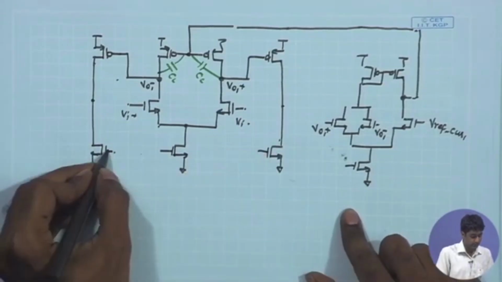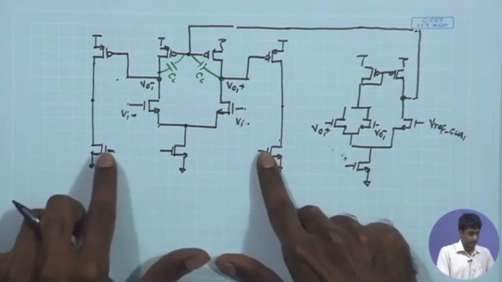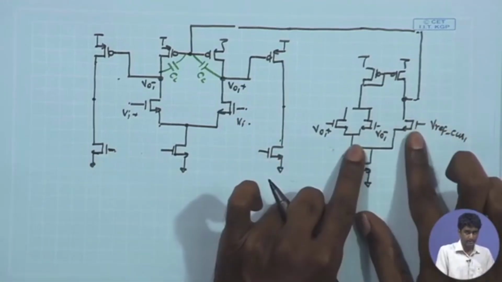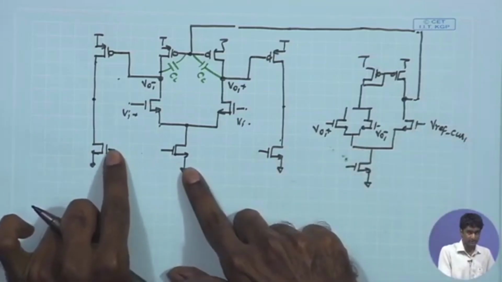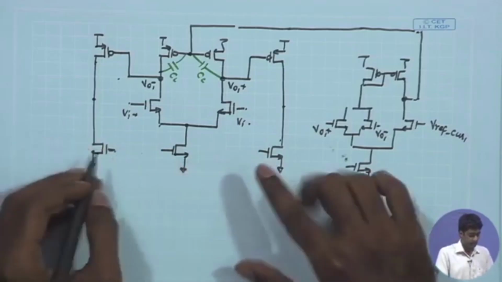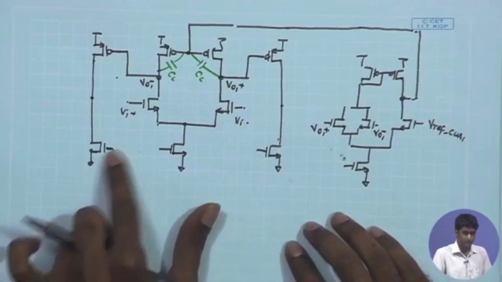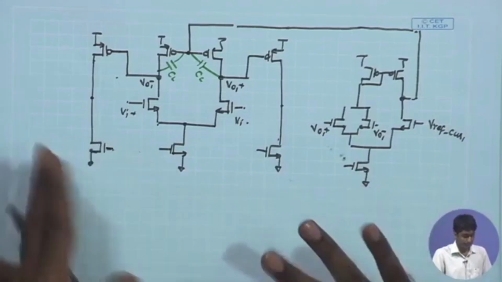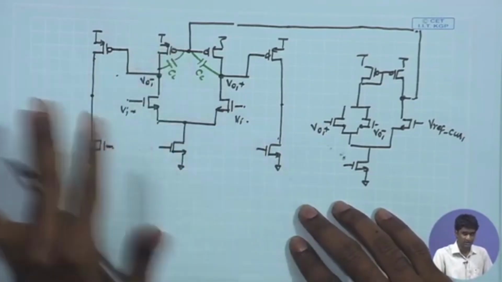It is supposed to drive the gate of NMOS transistors, and therefore, if we use a similar structure over here to drive the gate of the NMOS transistor, it will require a VG close to, say, VT of this NMOS. So, if you talk about 180 nanometer technology, the VGS required may be close to 0.4 or 0.5 volt if your VDD is 1.8 volt and VT is around 0.4 volt.